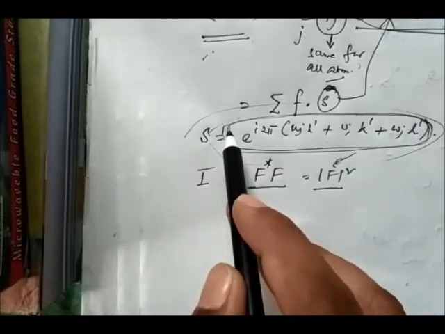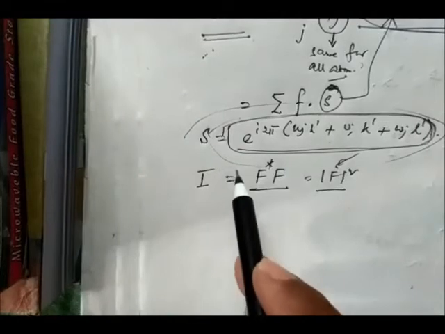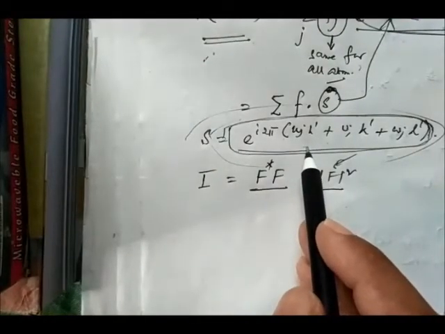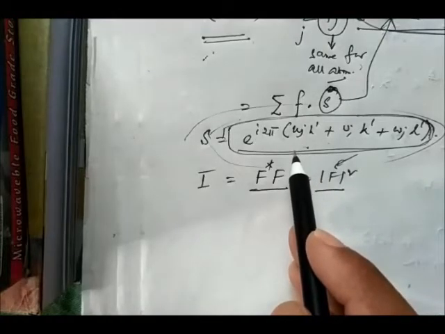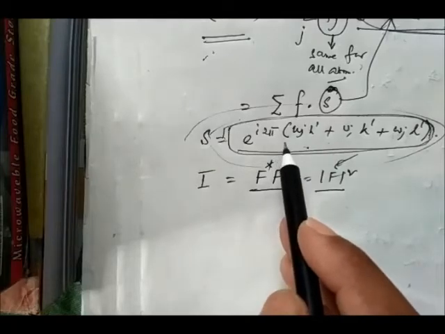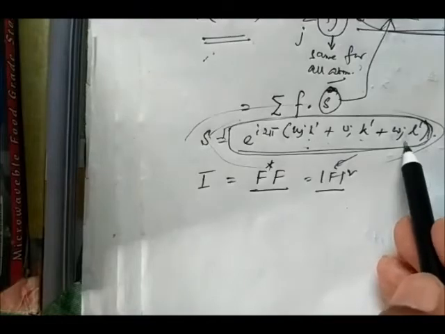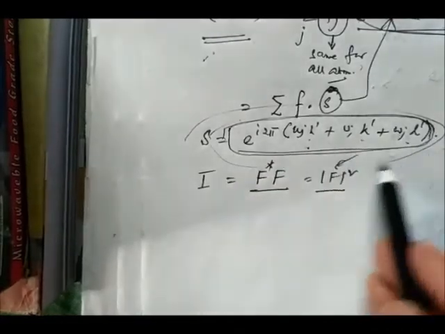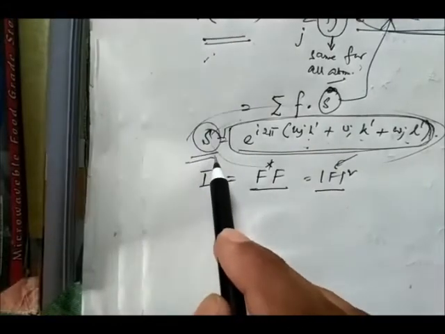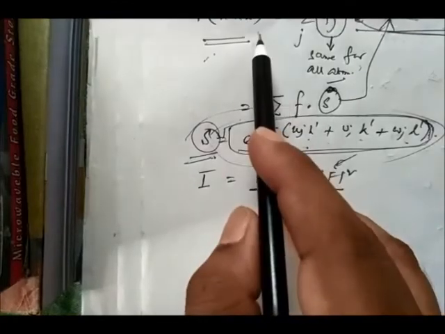So for a given crystal, I may not get all types of radiation which are scattered by all types of planes in the crystal, because the combination of hkl for which this S gives me a value, then I will get the structure factor.